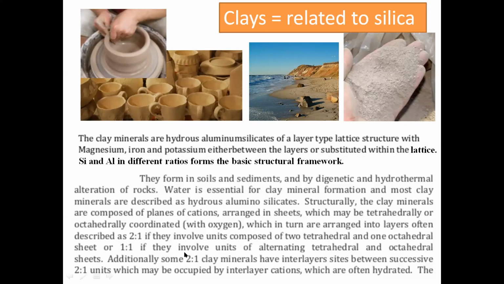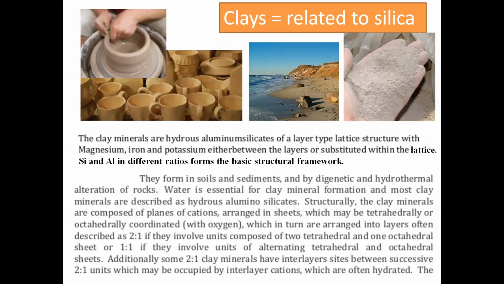If it is 1:1, they involve units of alternating tetrahedral and octahedral sheets. Additionally, some 2:1 clay minerals have intercalated sites between the successive 2:1 units, which may be occupied by interlayer cations, which are often hydrated. So, as we said, these are layered materials.